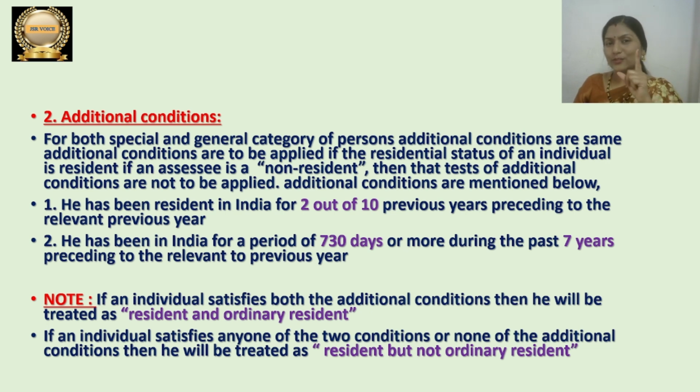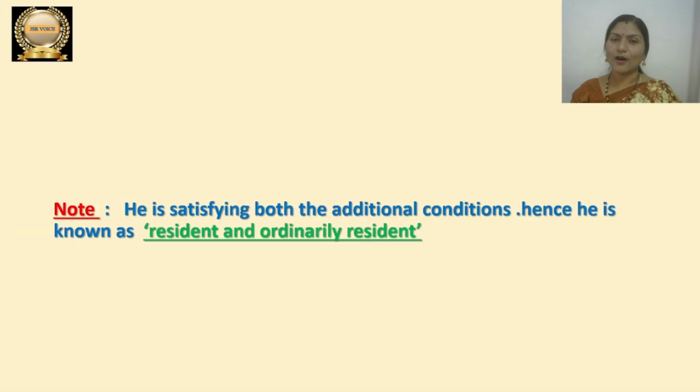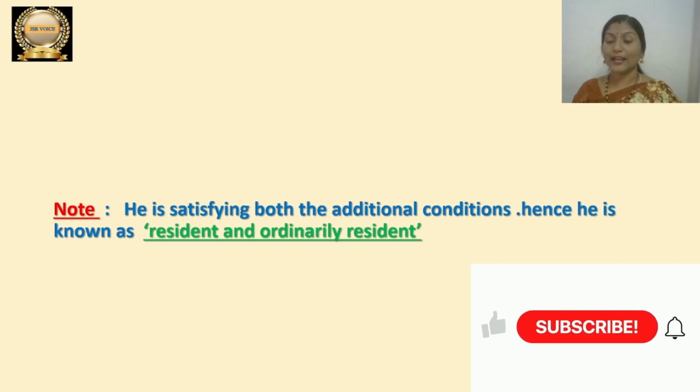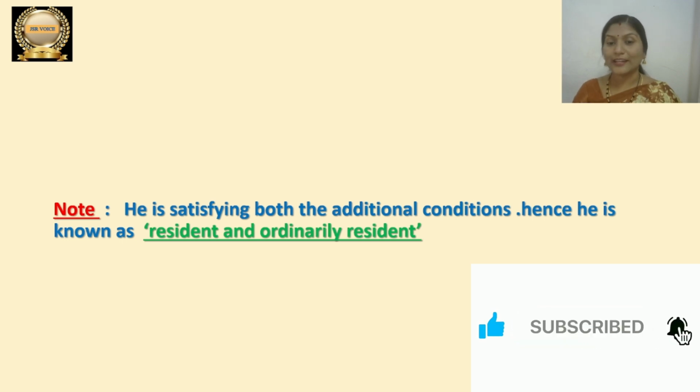But here in our problem, Amarendra Naidu is satisfying both the additional conditions, so we can call him a resident and ordinary resident. That is our final answer. Hence he is known as what? Resident and ordinarily resident. This is our answer.